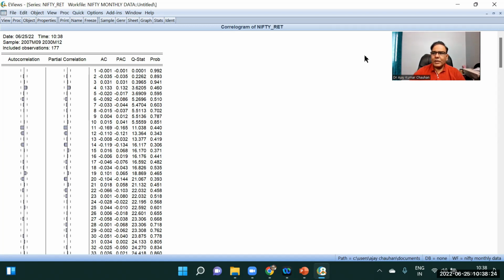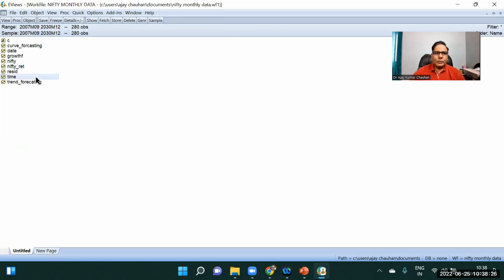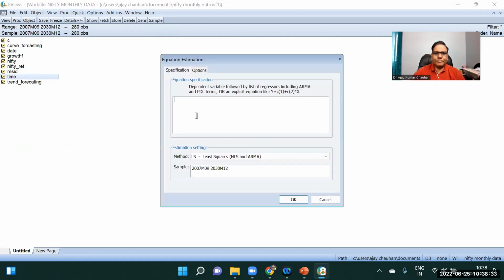So now I'm going to make the model. Some hit and trial we have to do here also. So dlog Nifty, I am taking AR1 and MA1. Let's start with this.